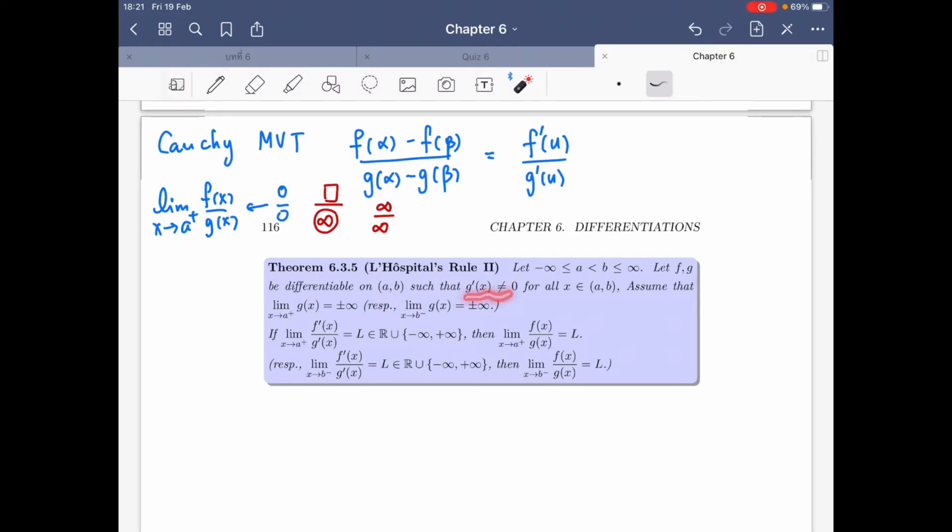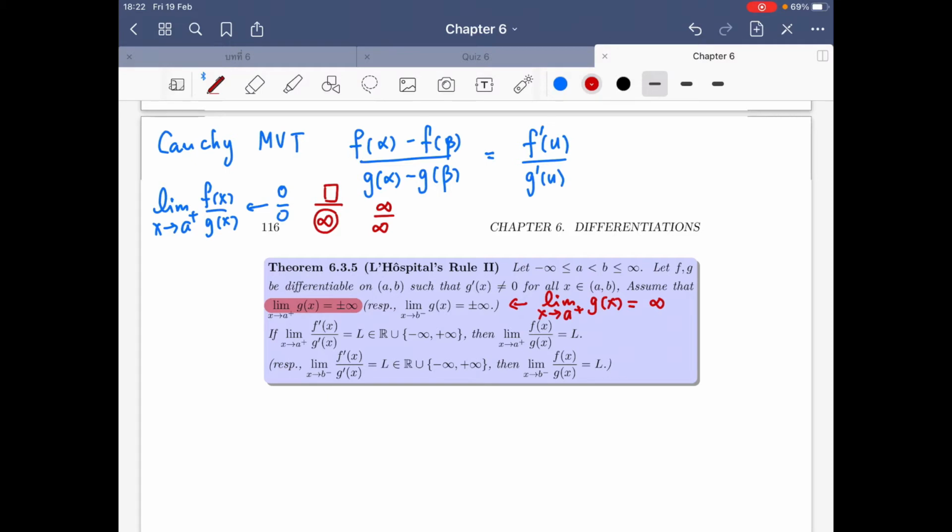Your g prime is not 0 for every x inside this interval, and assume that the limit of g as x goes to a from the right equals either positive infinity or negative infinity. However, for this video clip, we fix g to go to infinity.